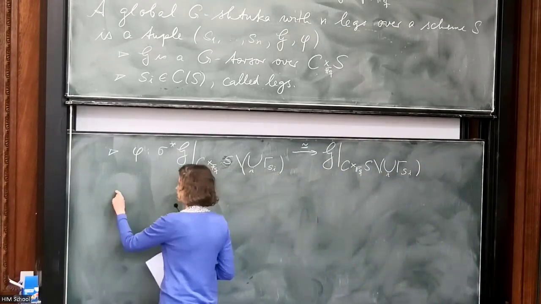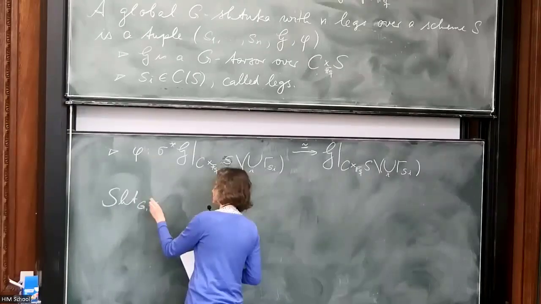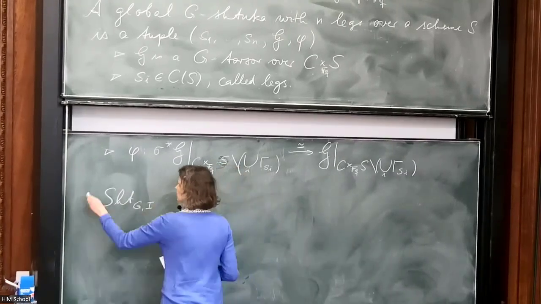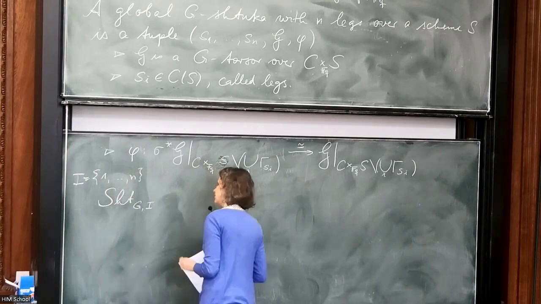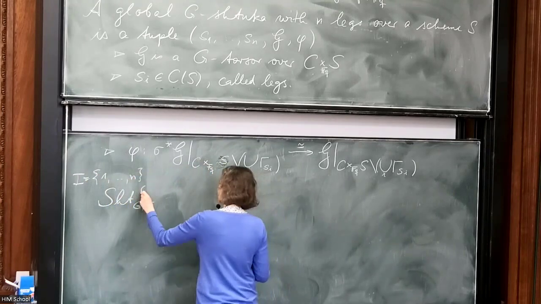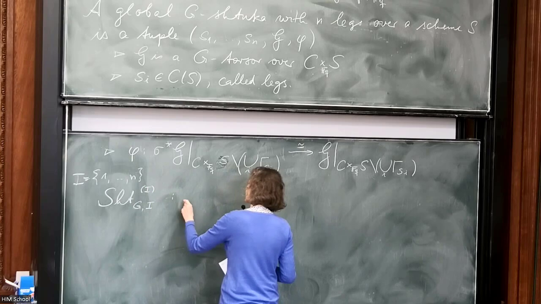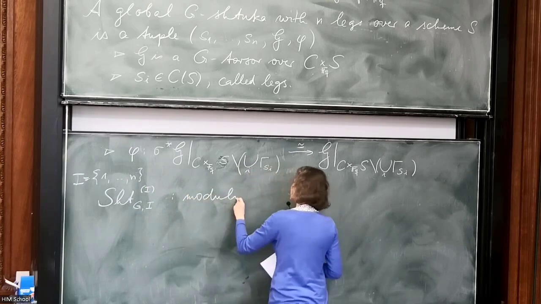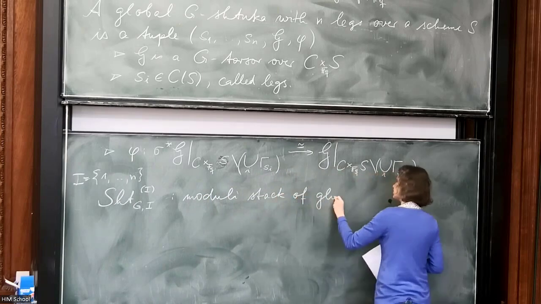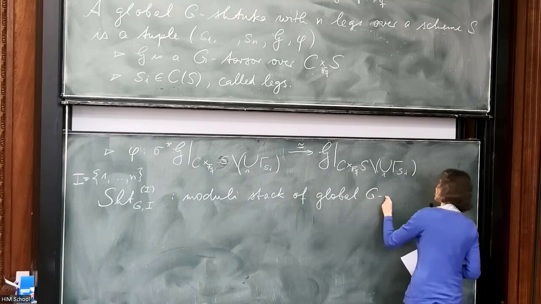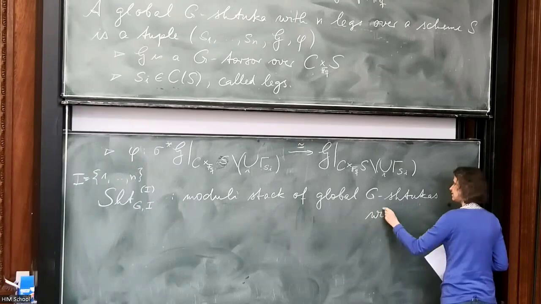Then she had a notation, I think it was Sht_G, with I the set 1 to n, upper I. This is the moduli stack of global G-Shtukas with n legs.